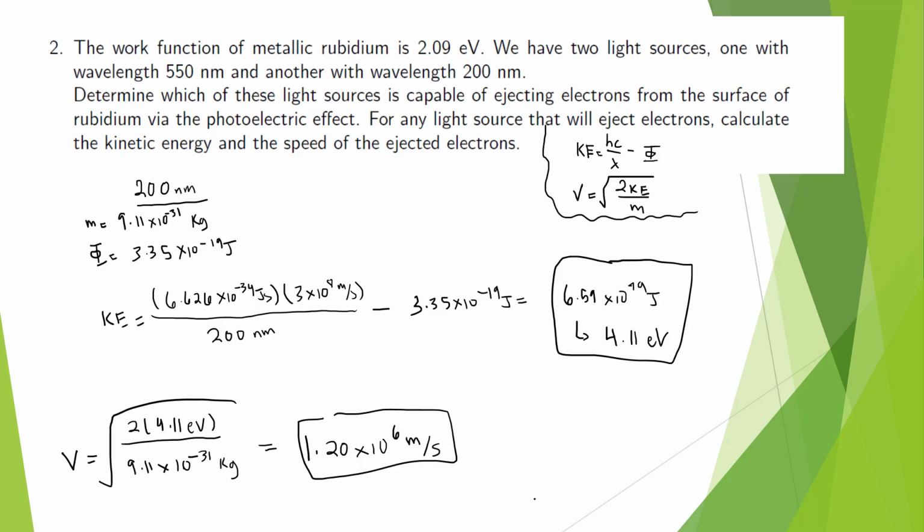Both the kinetic energy and the speed of the electron from the light source at 200 nanometers are greater than the electron's kinetic energy and speed from the light source at 550 nanometers. Looking at the function for kinetic energy, you can see that it's logical. All values are constant except for the wavelength. A smaller wavelength in the denominator will give a larger value, and a larger value in the kinetic energy creates a larger speed.